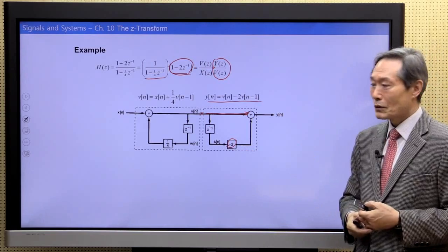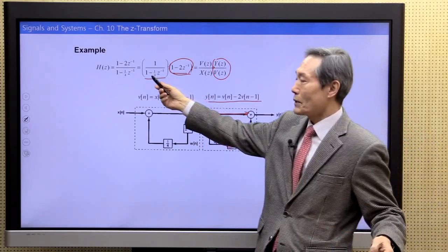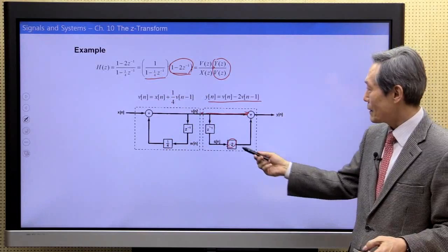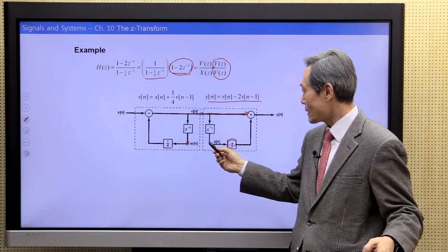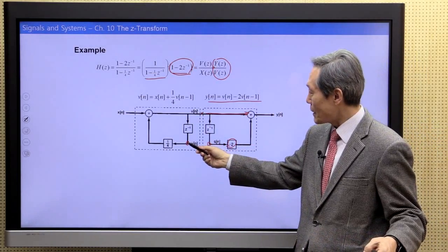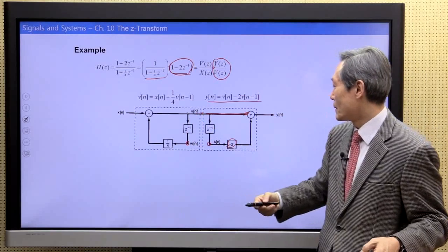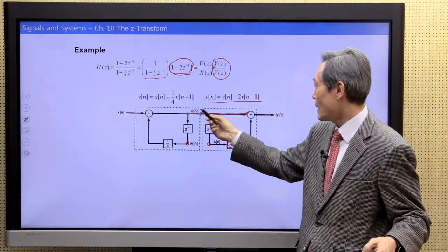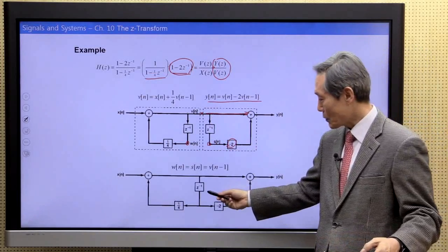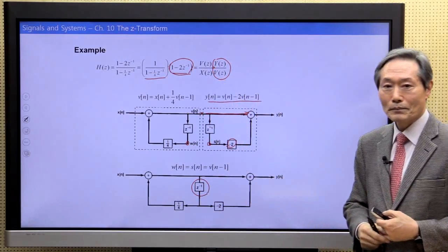You may question, how come we see 2 delays for first order system? But for that question, I can say that this point is the same point as that one, because this is a delayed variable of that variable, and this is a delayed variable of that variable, the same. So we may redraw it using just one delay. So first order system having one delay.